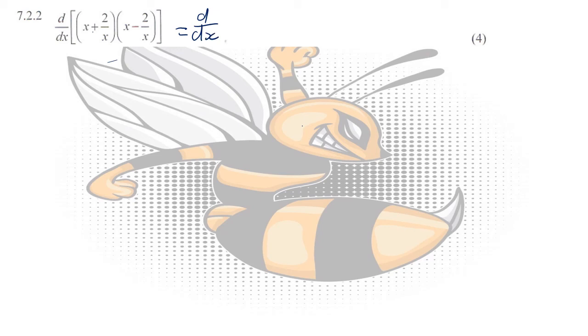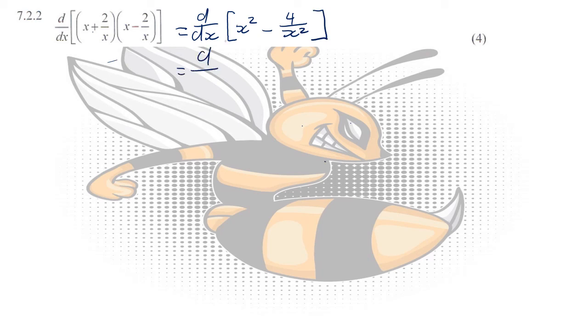Now remember, we like to differentiate using the quick method if we only have one term plus a term plus a term. We don't want any multiplications or brackets like we have in this case. So we need to expand the brackets first, and since it's difference of two squares, it will just expand to x squared minus 4 over x squared.